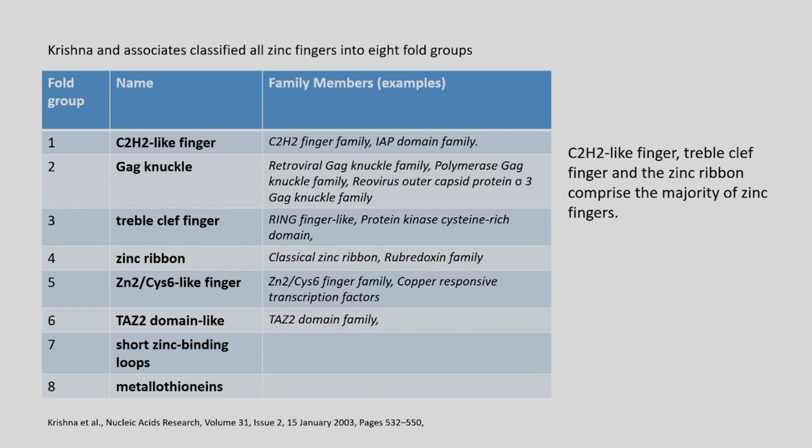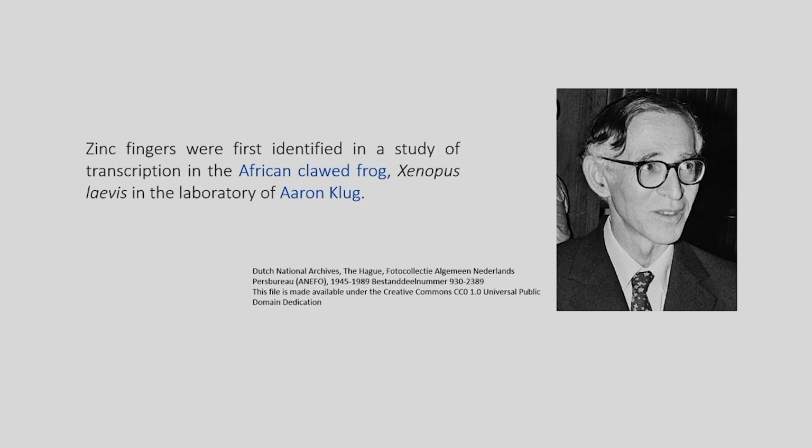Amongst all these 8 folds, the C2H2 like finger, the treble clef finger and the zinc ribbon finger constitute the majority of the zinc fingers available in the biological world.